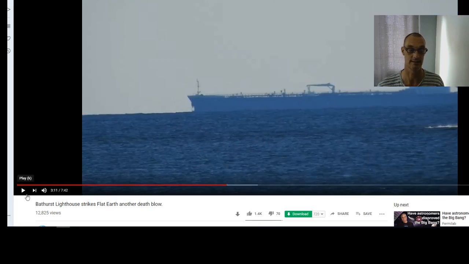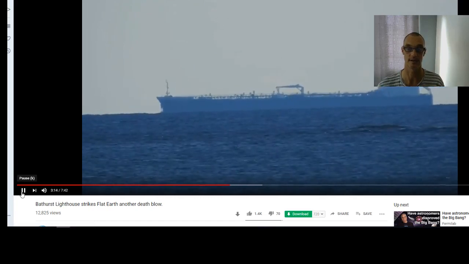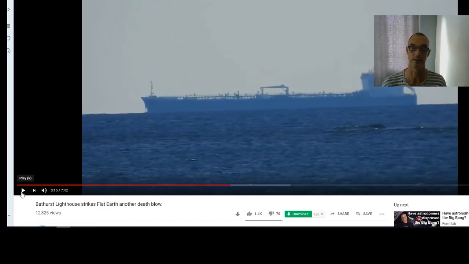So then he goes to show his location. What we see here is a ship that is closer, so it appears to be on the horizon. So one thing I'd like to suggest to anyone doing this kind of research or making these kinds of observations and believing that they are seeing curvature is very, very simple. At the moment, he's taking this footage from a level of about 8 meters above the sea, and all you have to do is get a drone, of which Wolfie owns many, and fly up to get a higher elevation.